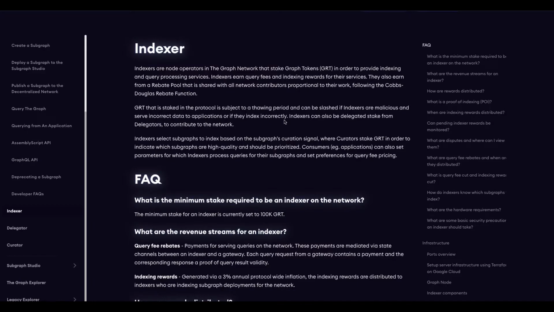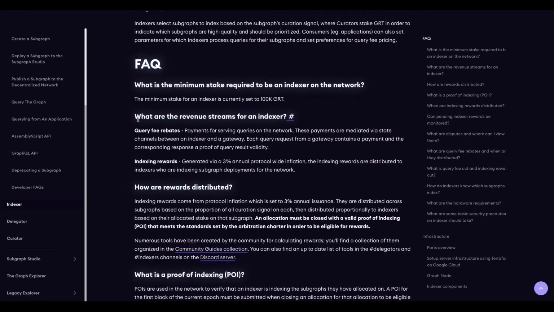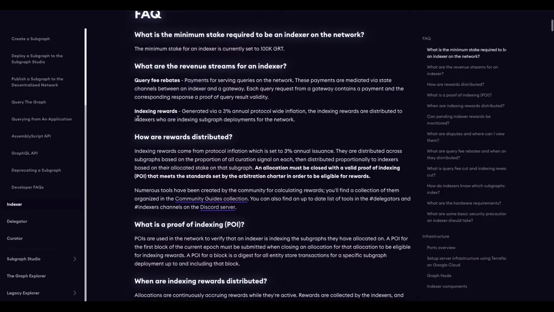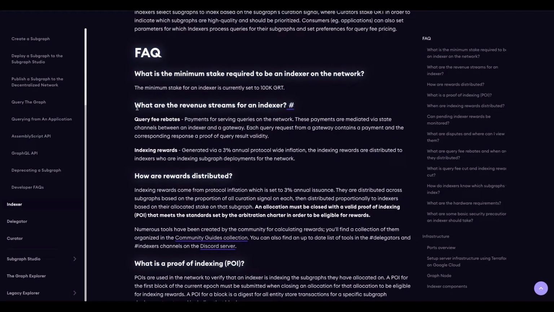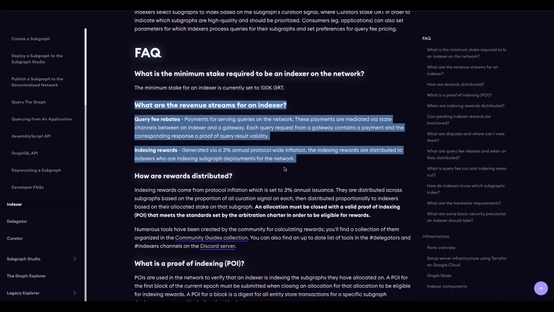Indexers can lose their ability to index if they do any malicious behavior, like serve incorrect data to applications, right? So there's a lot of FAQ questions here, but let's say the most important one is this.